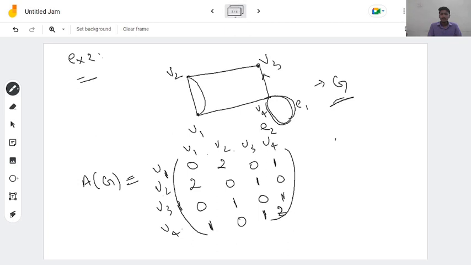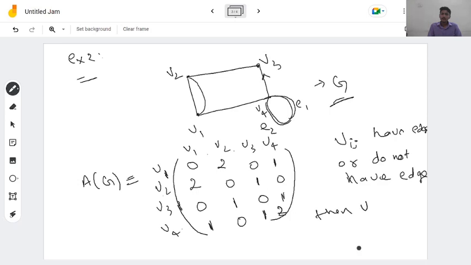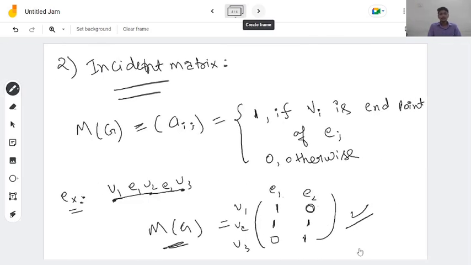If Vi and Vj have an edge or do not have an edge, then Vj and Vi will also follow the same. Therefore, the entries Aij and Aji will be the same. So the adjacency matrix is always a symmetric matrix, but that is not the case in the incident matrix.